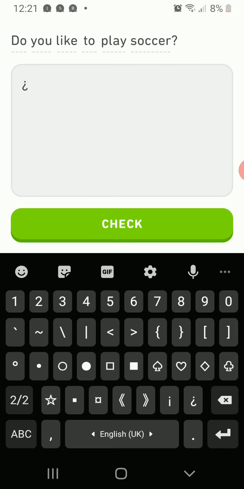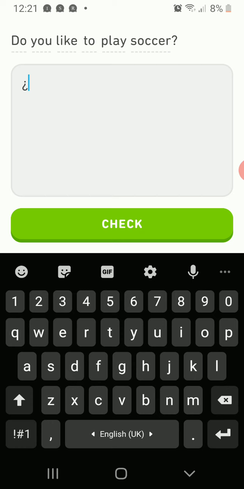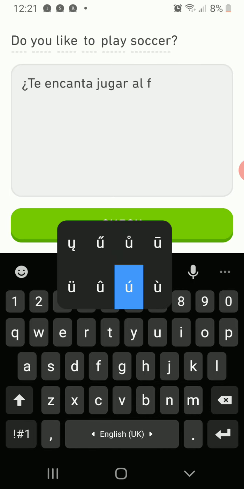I will use all the needed prepositions. Te encanta jugar al fútbol.